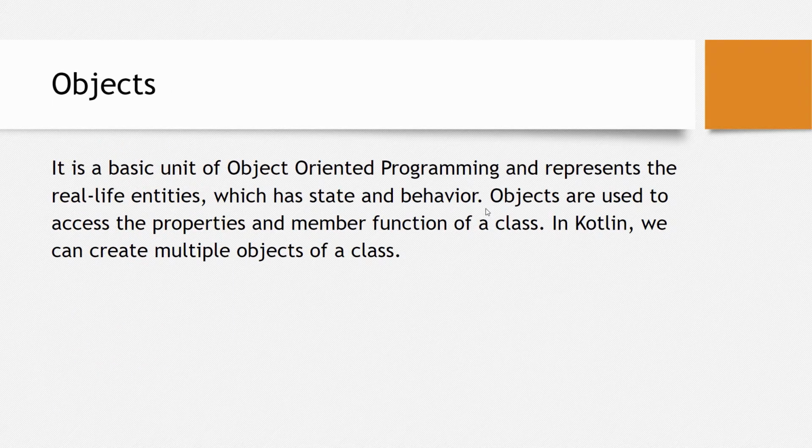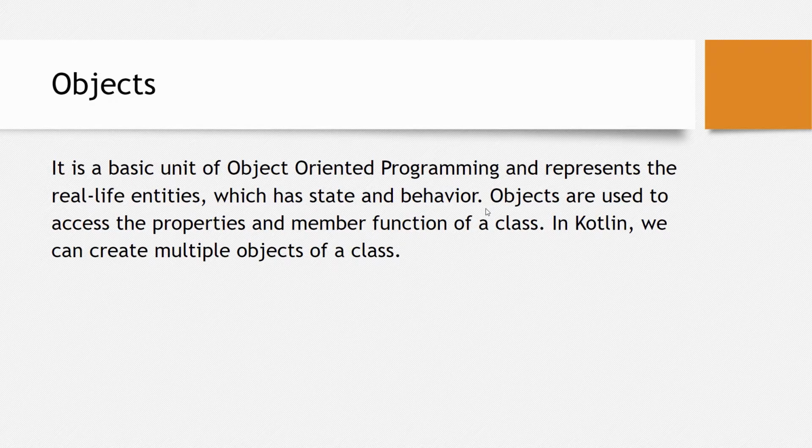Now there are objects. As you understood, a class is a blueprint, right? Now you have to create the buildings, or the houses, whatever you want. So what should we do? We should create the objects. By using the blueprint, the houses which you are creating are called objects in Kotlin.